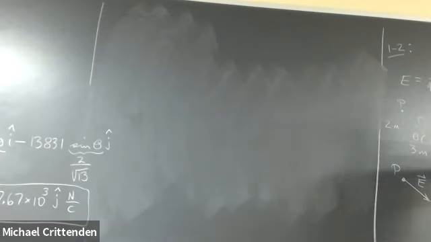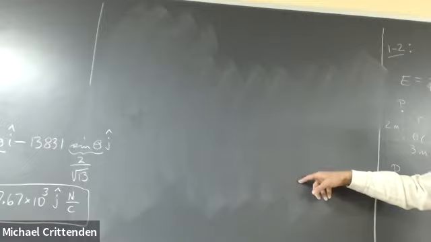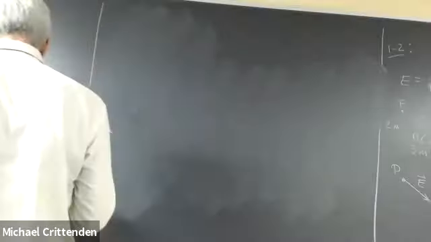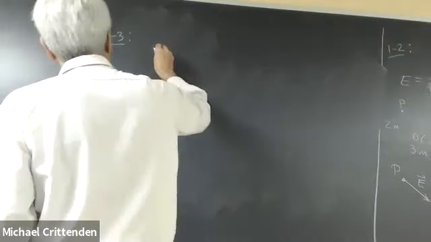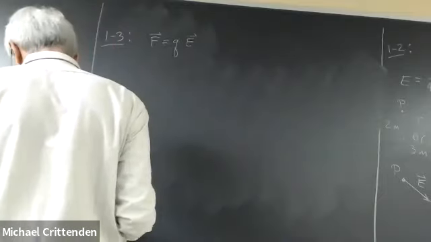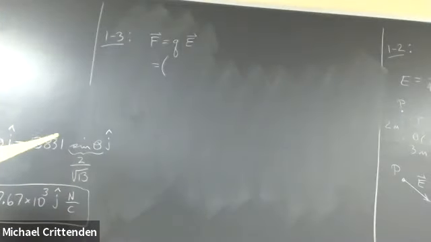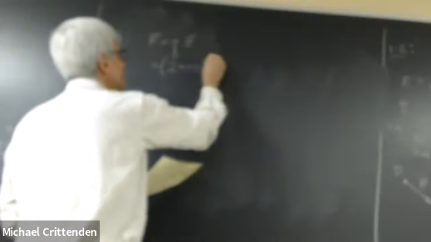You put a 2 microcoulomb charge up there at point P, and what's the force on it? Well, that would be the other half of what it said right there before I erased it a moment ago. You place a charge in an electric field, and F is equal to Q times E. So the charge that you're placing in the field, convert microcoulombs to coulombs, 2 times 10 to the negative 6.